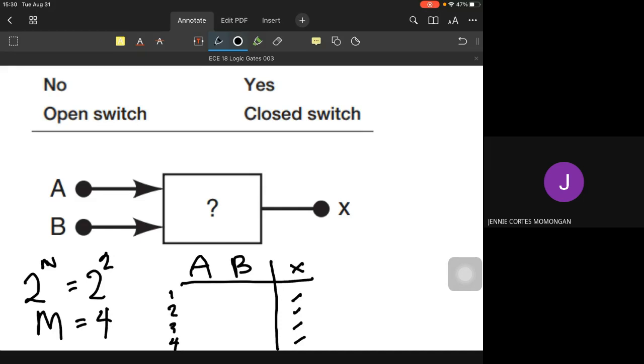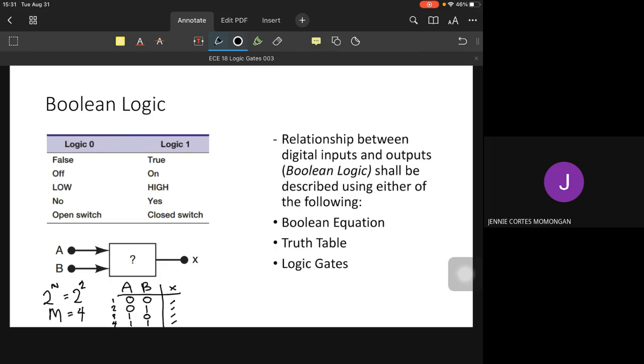For the next states, 0 1, 1 0, and 1 1. That is how a truth table describes 2 given inputs. I hope you remember this. So Boolean equation, truth table, and logic gates.